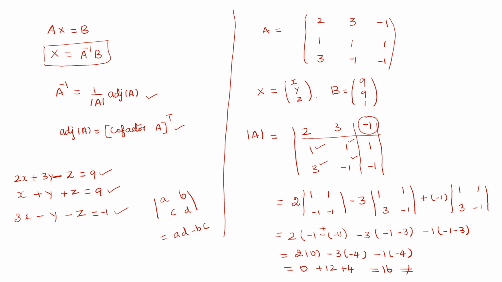So the determinant is non-zero, so the determinant exists. Therefore you can find the inverse. If you want to find the inverse, you want to find the cofactor of A. So first I find the cofactors of A. For convenience, I write the matrix again: 2, 3, negative 1, 1, 1, 1, and 3, negative 1, negative 1.